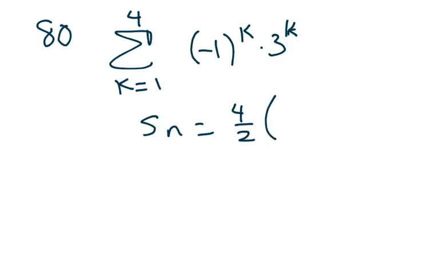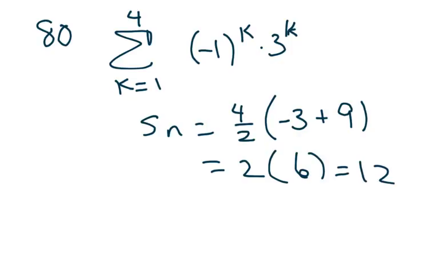My first term, when I plug in 1, is going to be negative 3. And my second term would be 6, correct? If I plug in 2, that's 9. So you get 2 times 6, which equals 12. And I'm running out of time, so that's it for section 11.1.